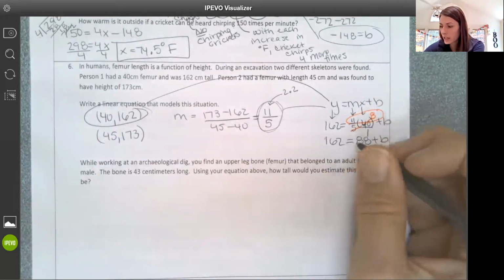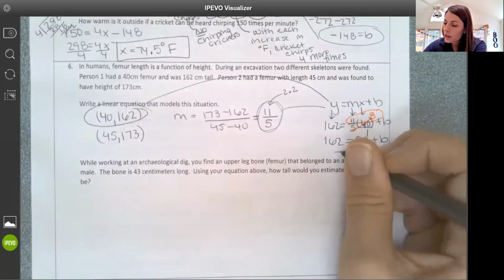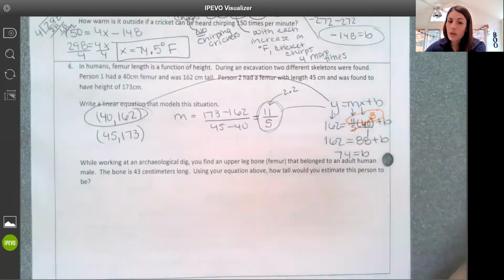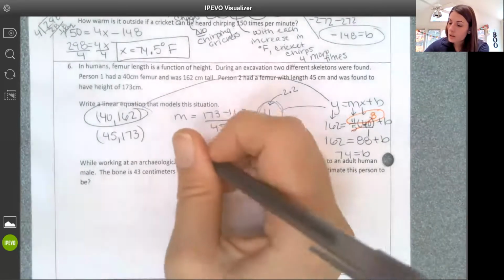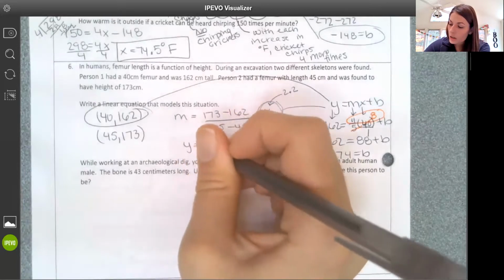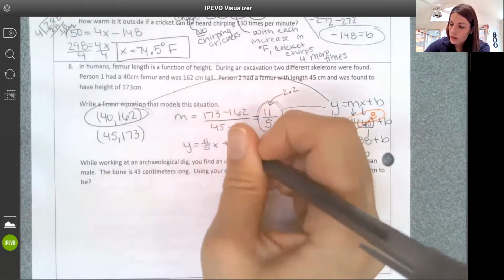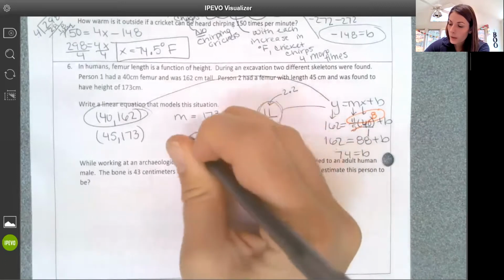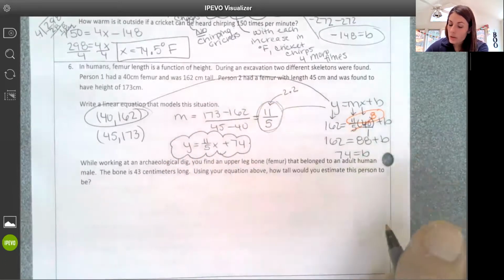I just subtract 88 from both sides and get 74 for my b value. And so y equals 11/5 x plus 74 would be the equation that models this.